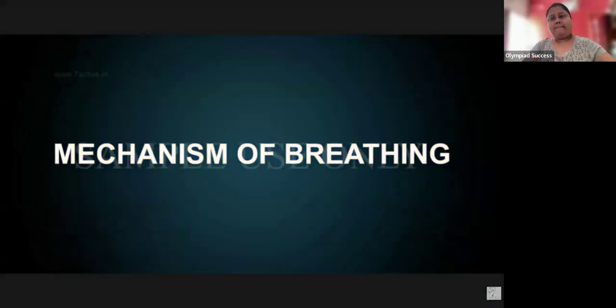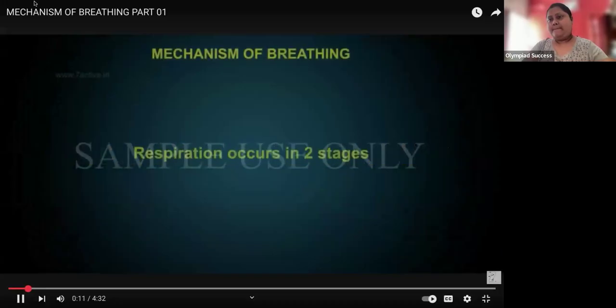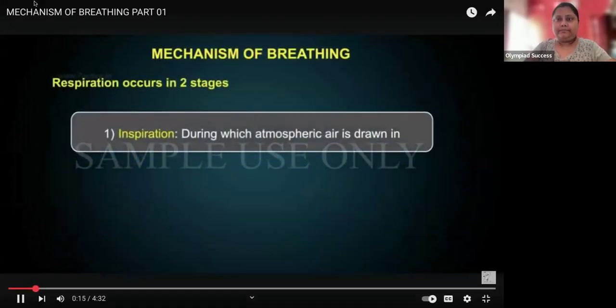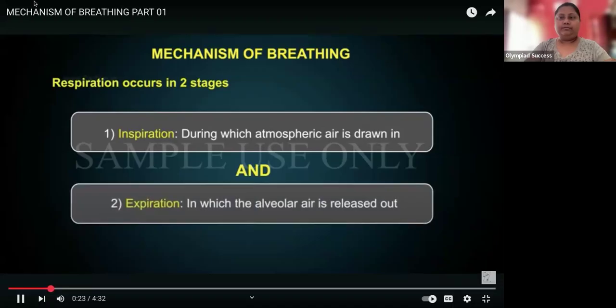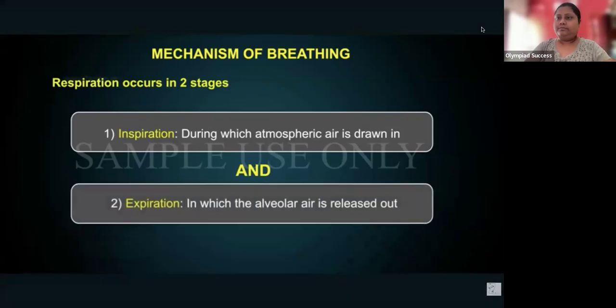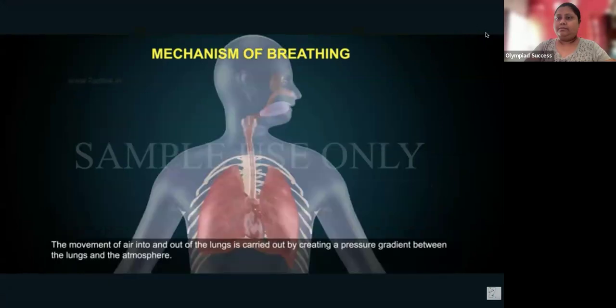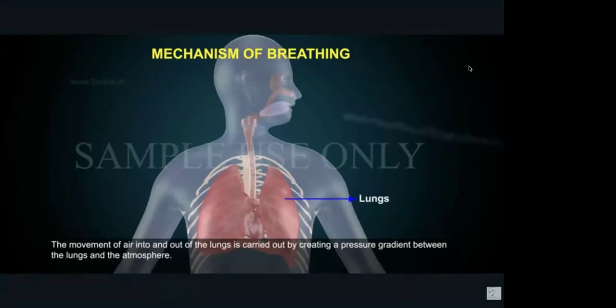Mechanism of breathing. Respiration occurs in two stages. One, inspiration, during which atmospheric air is drawn in. And two, expiration, in which the alveolar air is released out. The movement of air into and out of the lungs is carried out by creating a pressure gradient between the lungs and the atmosphere.